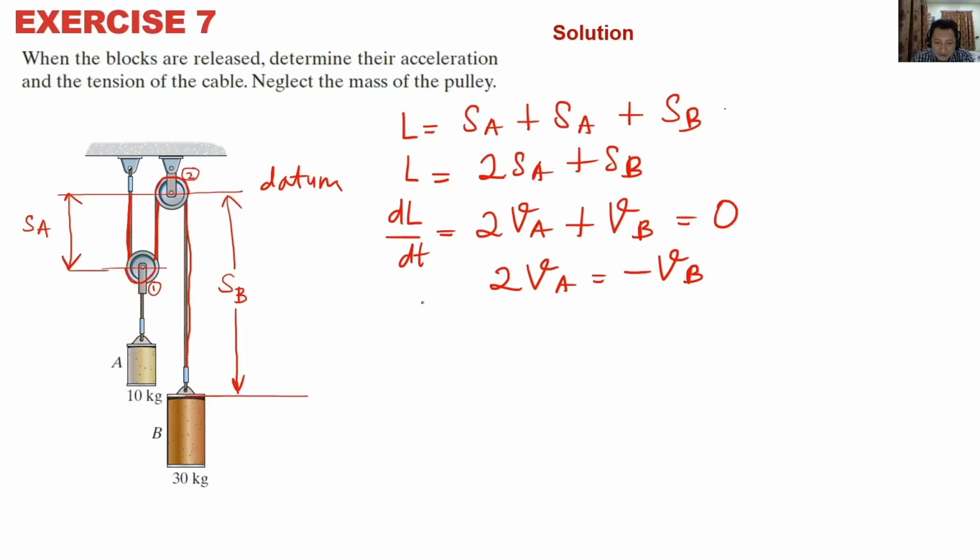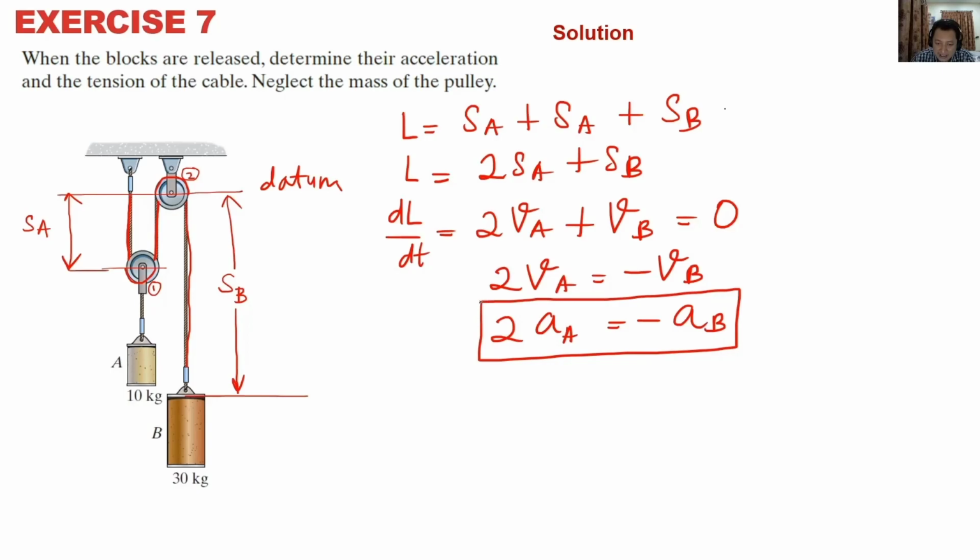If we differentiate one more time, we get 2AA equals negative AB. So this is the relationship.